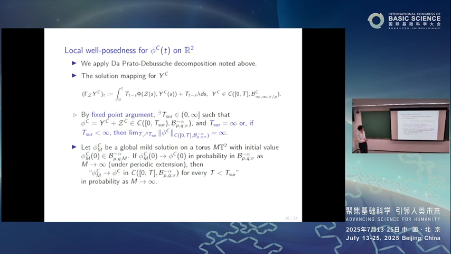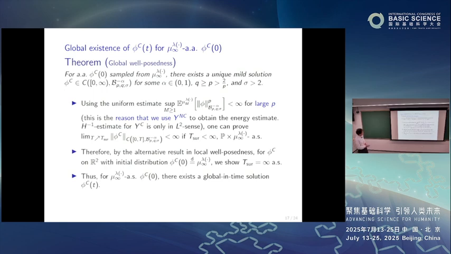Then for going to the global solution, global well-posedness, we use this estimate. We proved this estimate for the tightness, but we use also this one. And based on this estimate, we can prove that if the survival time is finite, then because this shows some boundedness of this norm, this stays bounded. So this is a contradiction, because if the survival time is finite, then it should be plus infinity.